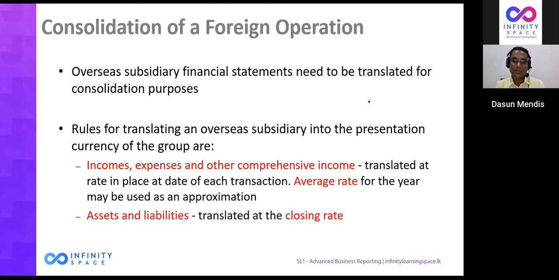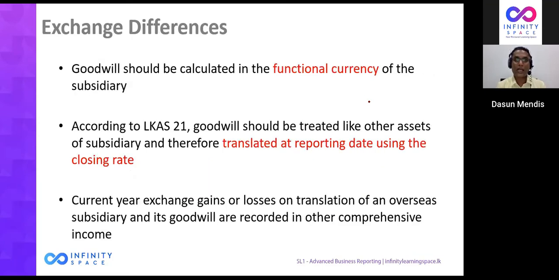In addition to these conversions, there is another reason where exchange differences arise, because when you acquire a foreign subsidiary, you have to do the goodwill calculation using the foreign currency. You calculate the goodwill using the functional currency of the subsidiary. Then this foreign currency goodwill figure, at each year end, you have to convert into the parent's currency using the closing rate, because like any other asset or liability of the foreign subsidiary, goodwill is also an asset of the foreign subsidiary.